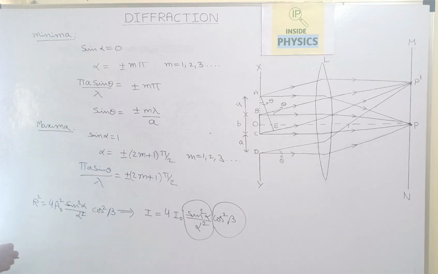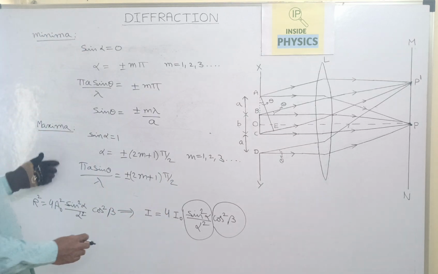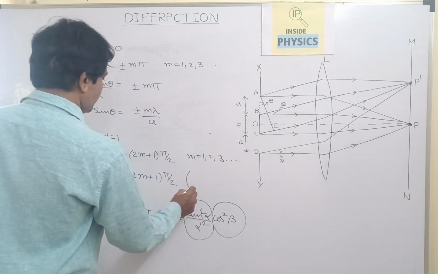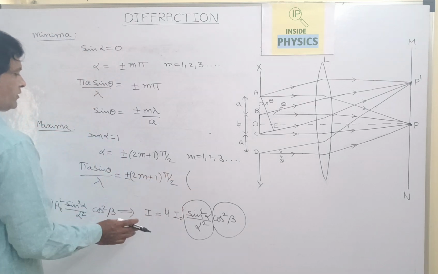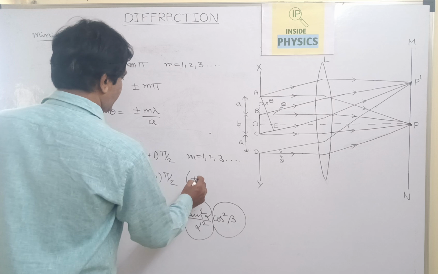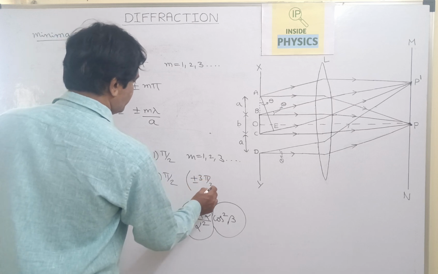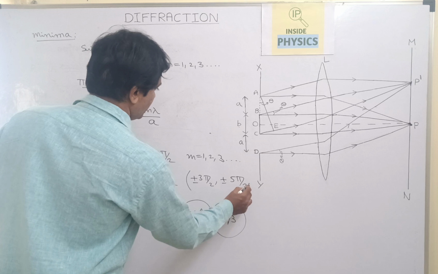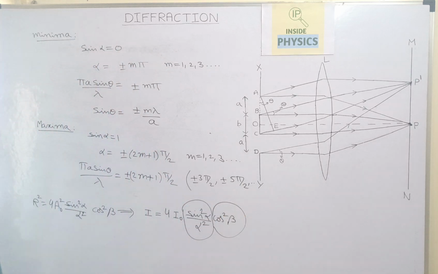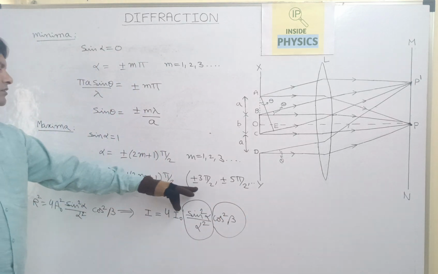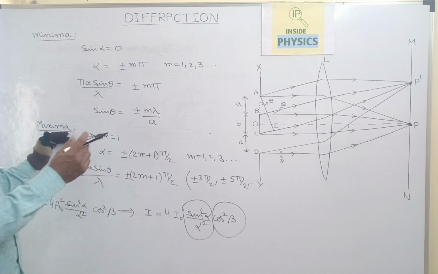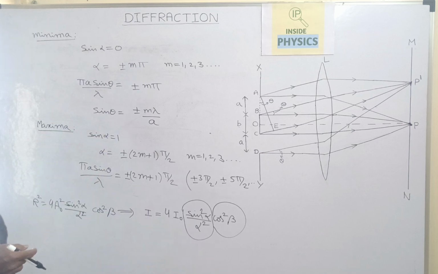So the angular positions for maxima, if you consider the values in the bracket, are 3 pi by 2, plus or minus 5 pi by 2 and so on. These angular positions will provide the maximum intensity while forming the interference pattern.